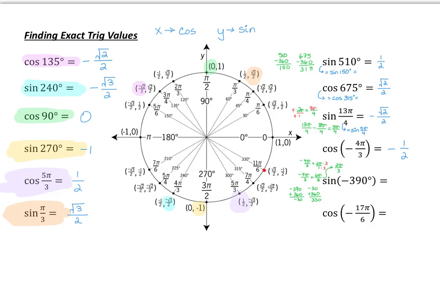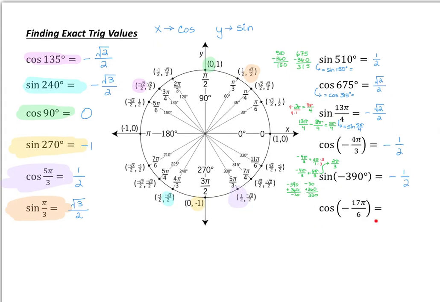And so you're going to look at this point and the x and y values. Your y value is your sine, and sine of 330 is going to be negative 1/2. And so your answer for sine of negative 390 is also going to be negative 1/2.